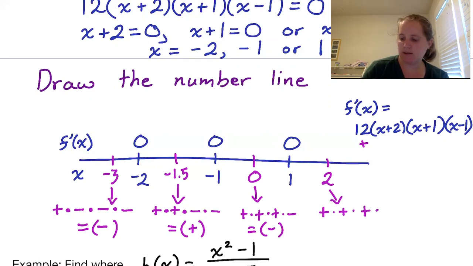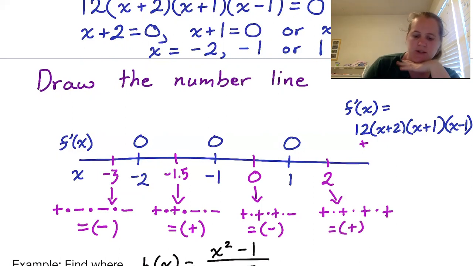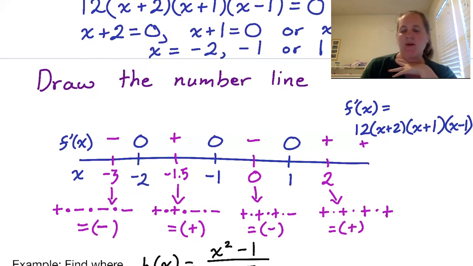And now that last factor has also switched. So this time around, we again are positive. So we just figured out that f prime of x started off negative, switched to positive, switched back to negative, and switched back to positive.